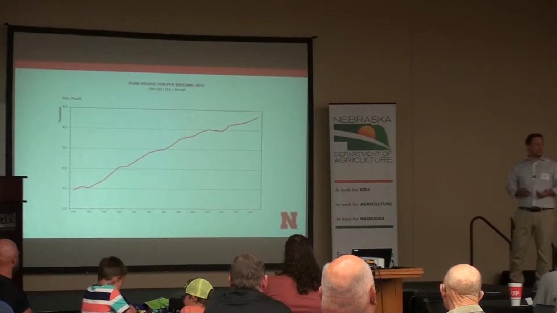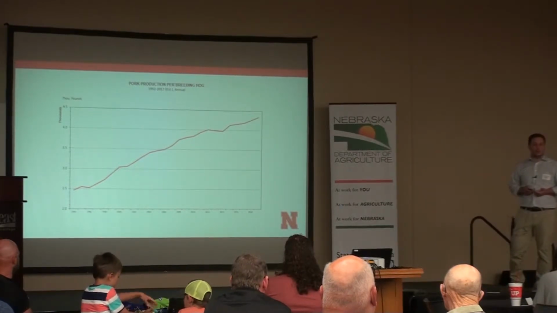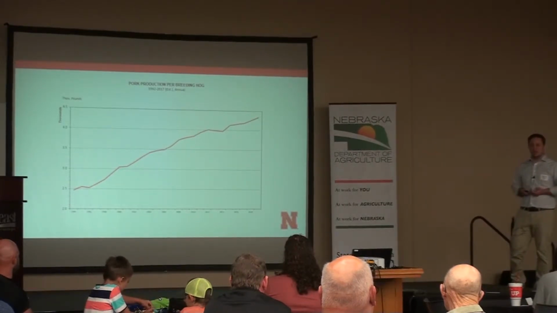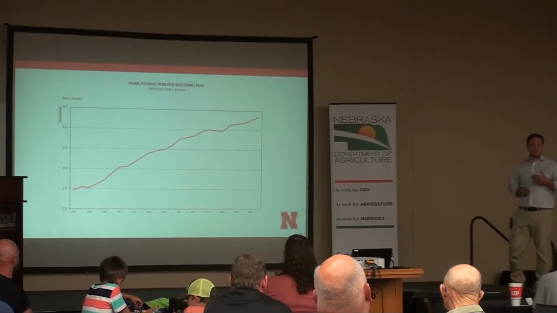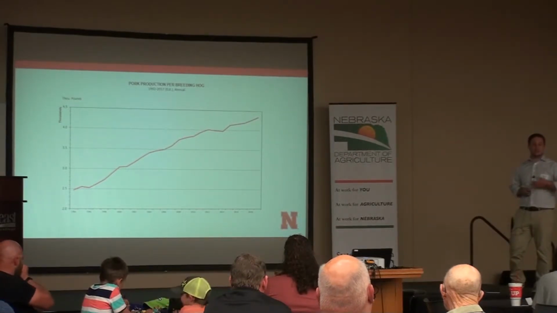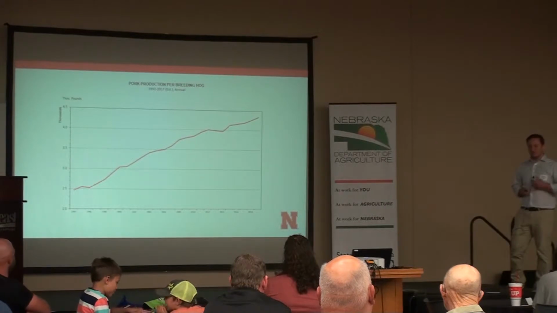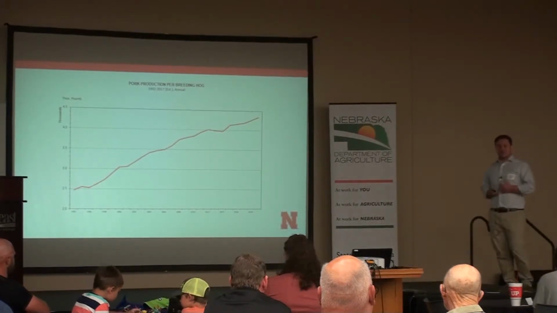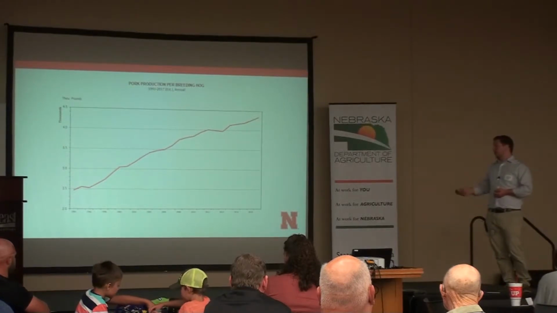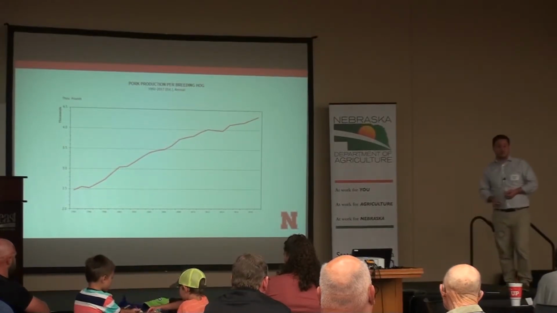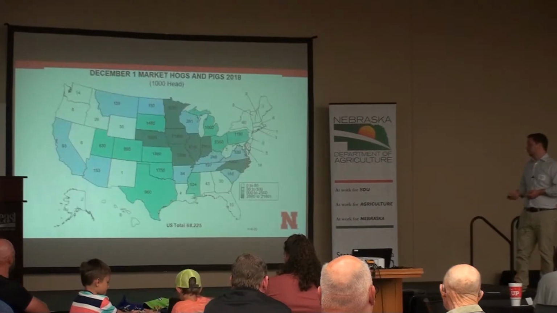We've become extremely efficient at feeding hogs and hog production, because we're trying to meet that demand, and we'll continue to develop new technologies. We'll continue to develop new ways of feeding and improving those average daily gains and those feed conversions, and that number will continue to go up. That's impressive, and you all should be commended for that.